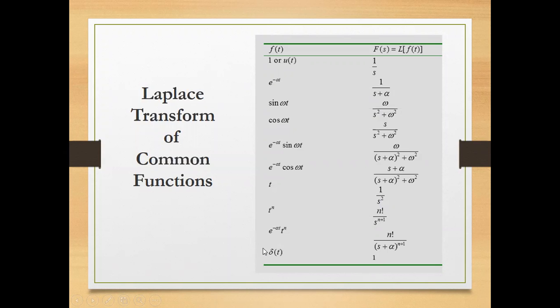If there's a constant that is written before this Dirac or delta function, let's say for example, 2 Dirac delta of t, then this answer will be 2, because the constant that appears before any given function is simply multiplied to the Laplace of that particular function, which I will be discussing in the properties on the next slides.